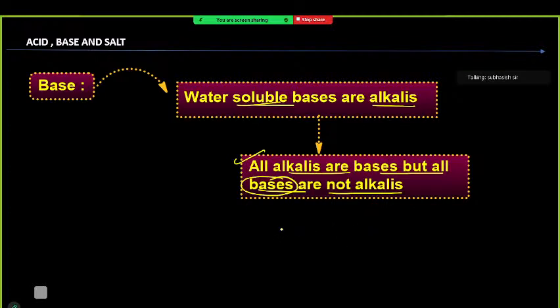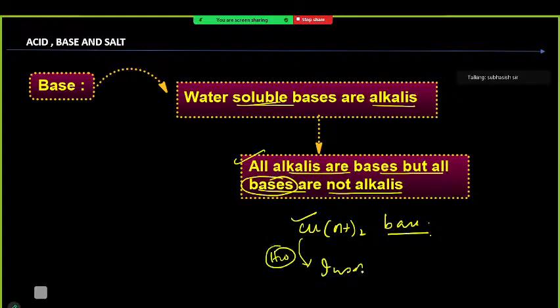For example, copper hydroxide. Copper hydroxide is a base because it is a metal hydroxide. It must be considered as base. But this copper hydroxide, when you add it into water, is not soluble in water, it is insoluble. And that's why it should not be considered as alkali.